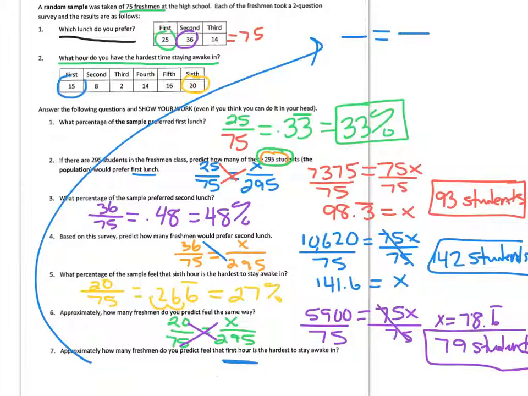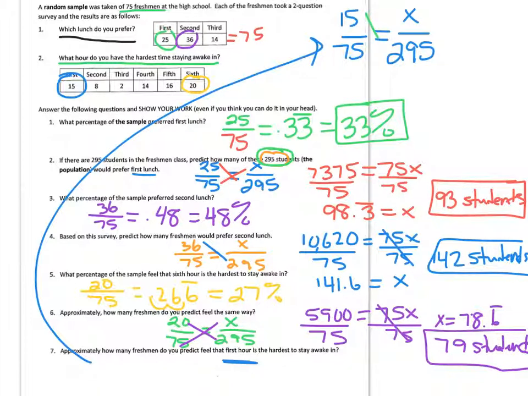So 15 students thought first hour was the most difficult out of a total of 75 students. There's a total of 295 students in the whole class, and so x would go above that. And if we solve this proportion, that will tell us how many students think first hour is the most difficult.